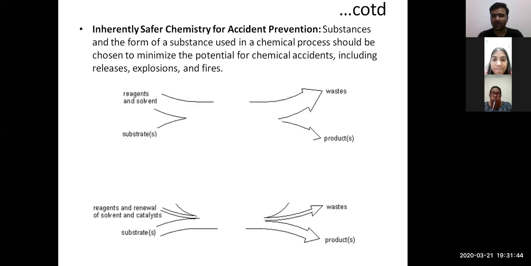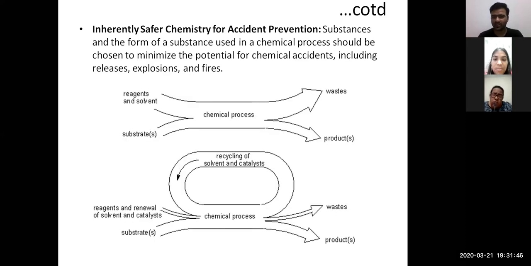So if you had to sum up all of these 12 principles of green chemistry in one image: earlier we used to be converting substrates into products, and the chemical process by itself, which involves a large amount of reagents, solvents, etc., used to end up leading to a large amount of waste, right?